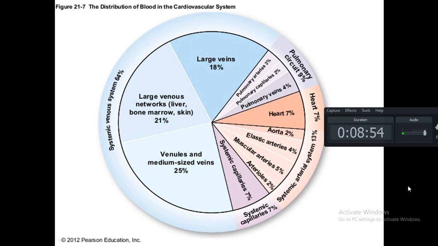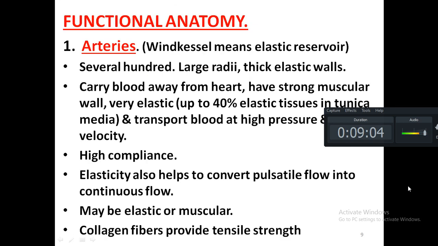For example, the systemic venous system contains about 64%, pulmonary circulation about 9%, and heart 7%, and so on and so forth. Now, the functional anatomy of the different parts of the circulatory system.